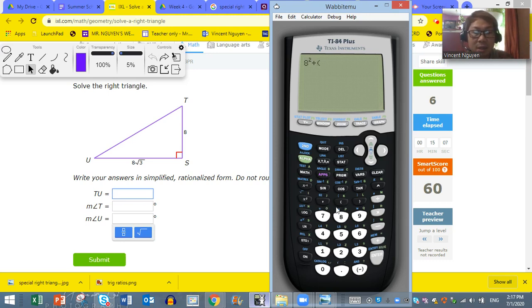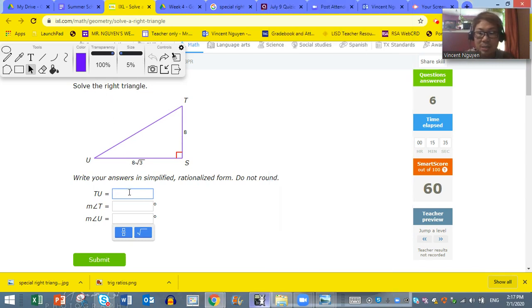I'm going to take everything and put it in parentheses, A square root of 3, close the parenthesis, square that, enter, and that's 256. But then I have to take the square root of that. It's going to be a very nice number. Square root of 256, enter. 16. So I know my hypotenuse UT or TU is 16.